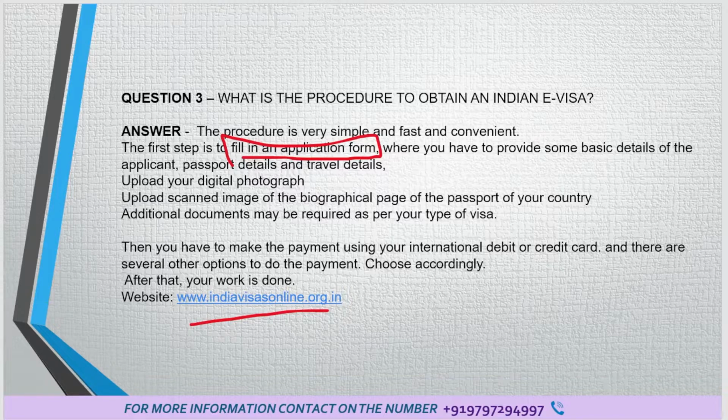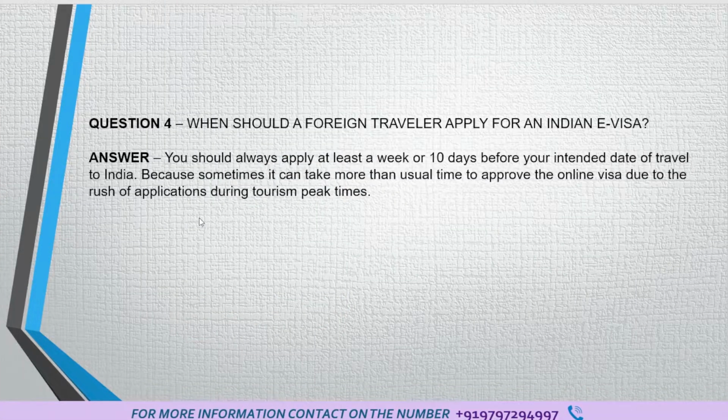Okay, now let us take the next question. When should a foreign traveler apply for an Indian e-visa? A traveler should always keep in mind when his or her intended date of travel is. Accordingly, the person should apply at least a week or 10 days before the intended date of travel to India, because sometimes it takes more than the usual time to approve the online visa due to the rush of applications during tourism peak times.